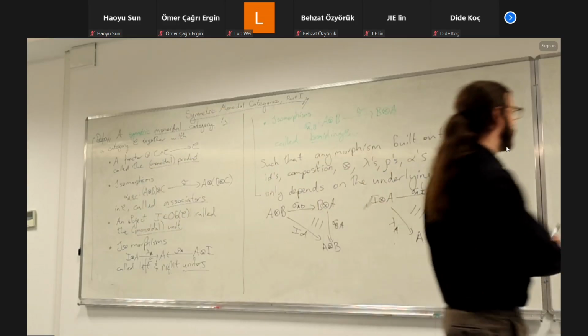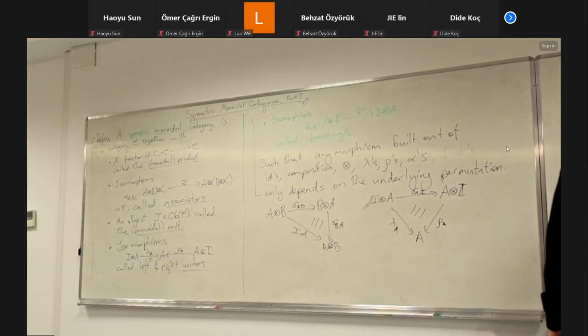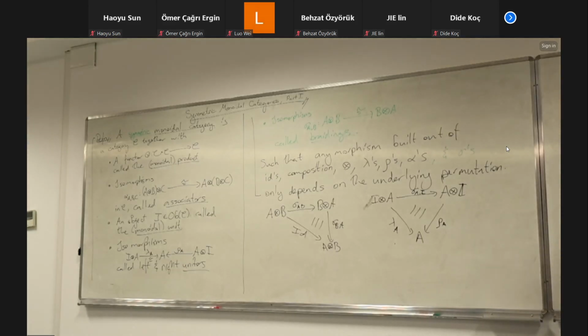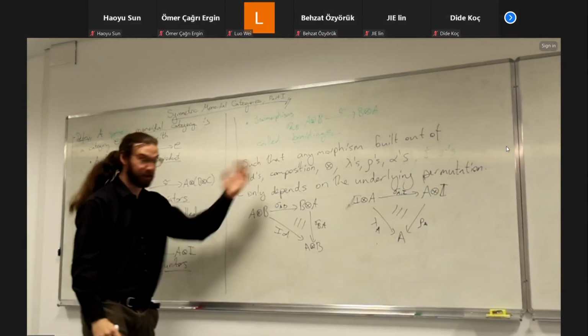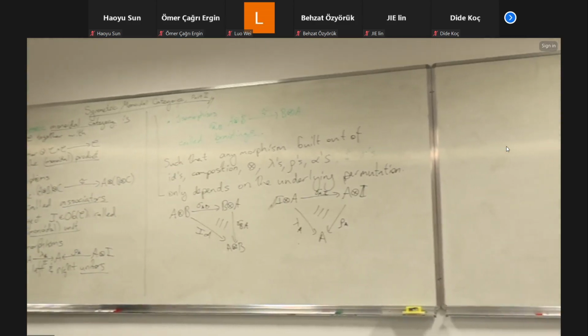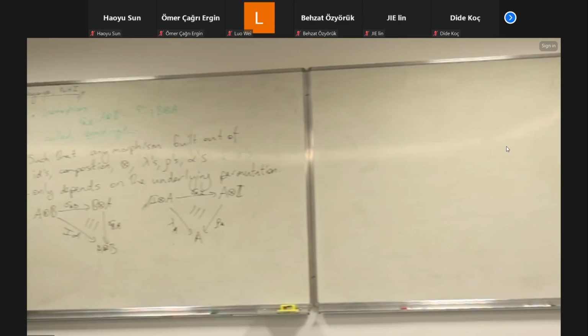So this property, that basically it doesn't really matter, is sometimes called the coherence of this symmetric monoidal category. And what does coherence buy us?